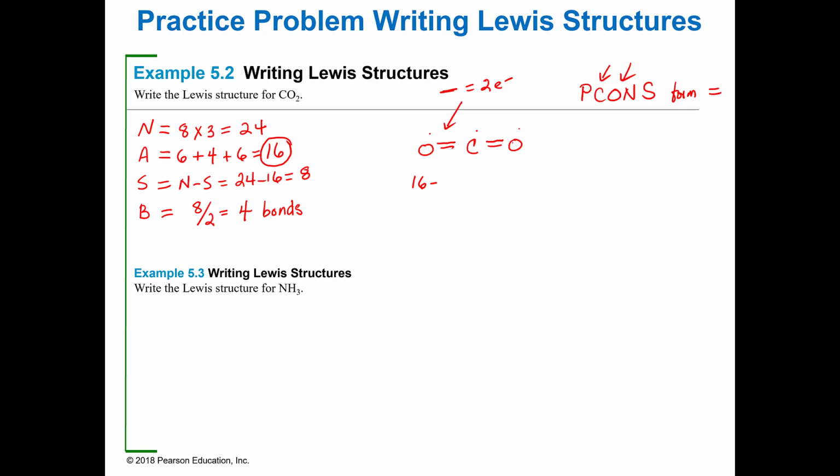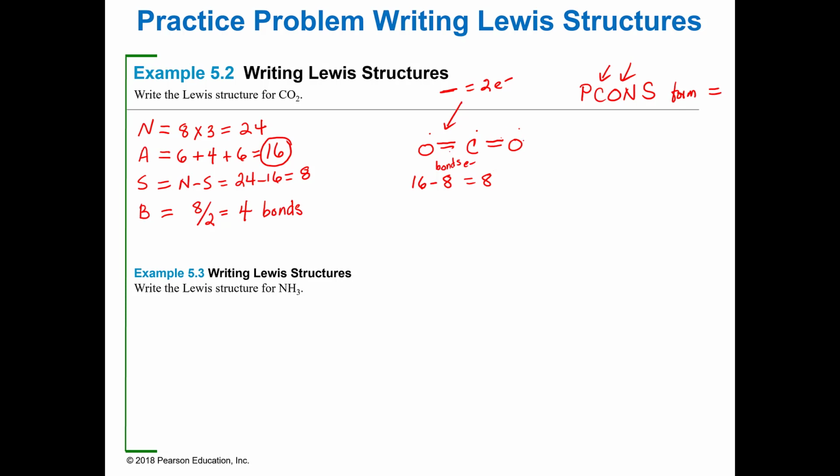So what I have drawn right here is 2, 4, 6, 8 electrons in bonds. All right, so that leaves me 8. So I need to finish the octet on the outer or terminal elements.